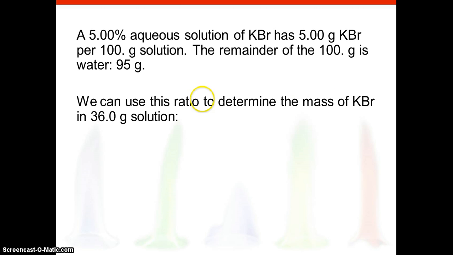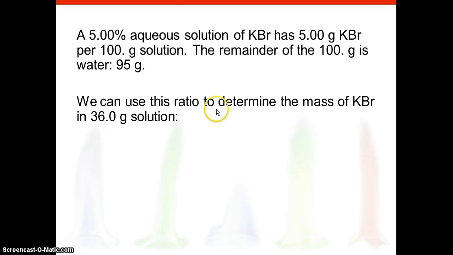So in here, a 5% aqueous solution of KBr has 5 grams of KBr per 100 grams of solution. So in 100 grams of solution, there are 5 grams of KBr. So what do we have? Water is what? 100 minus 5, which is 95 grams.